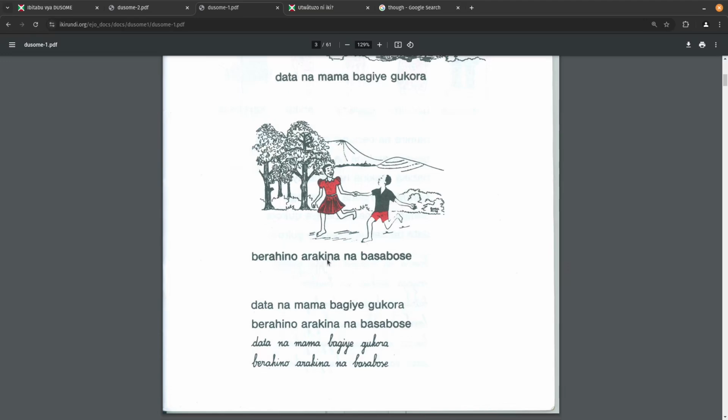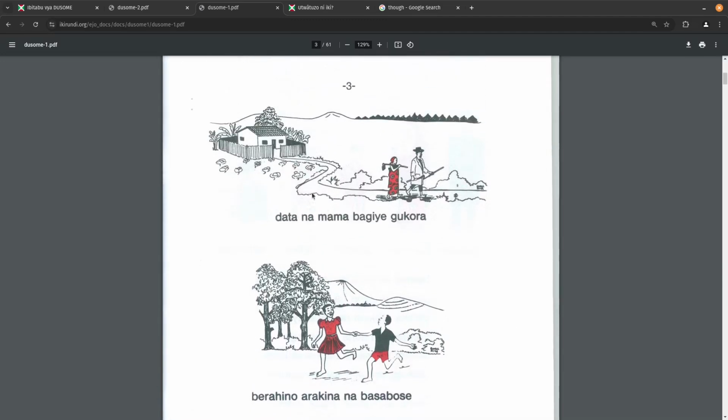Arakina is playing with. So na can mean and, as in the first sentence, data na mama, mom and dad.